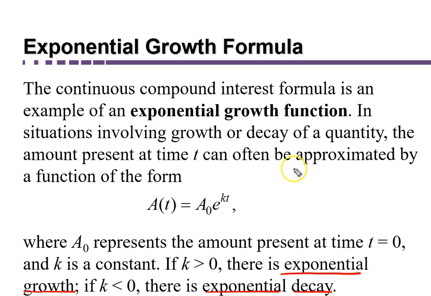So let me just graph that a little bit for you. And we're dealing with the first quadrant. Exponential growth, remember, looks like so. Exponential decay may look like this. So increasing is growth, decreasing is decay. Just to give you some background on this.